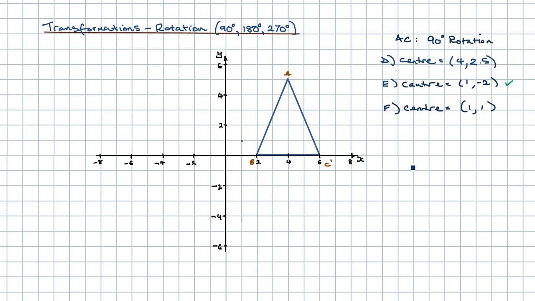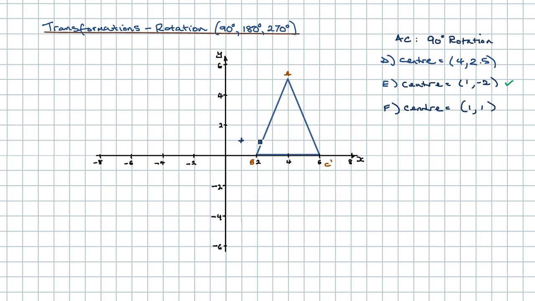So here. And I want to then again rotate by 90 degrees in an anti-clockwise direction. So if I'm not going to use the method that I used earlier, how am I going to do it geometrically? Okay, well actually it's fairly straightforward.